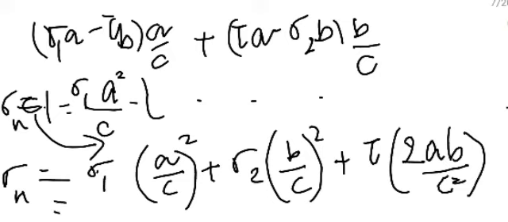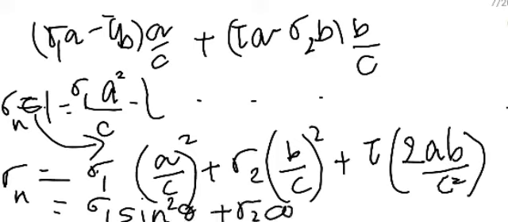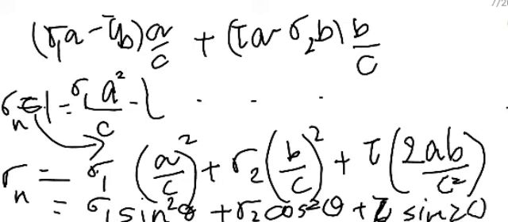So a by c is sin theta. So this comes out to be sigma 1 sin square theta plus sigma 2 cos square theta plus tau times 2 sin theta cos theta, that is tau sin 2 theta. So this is the equation for normal stress.